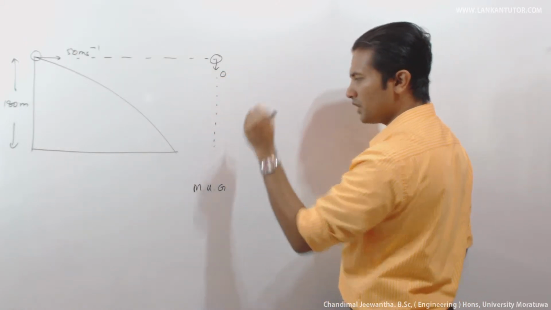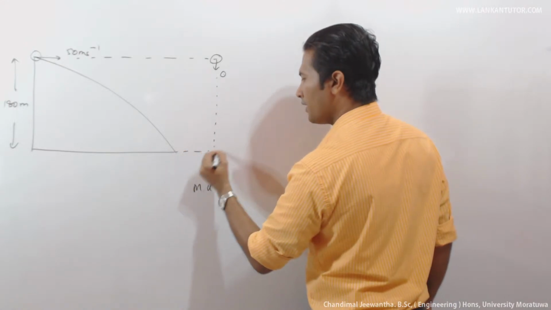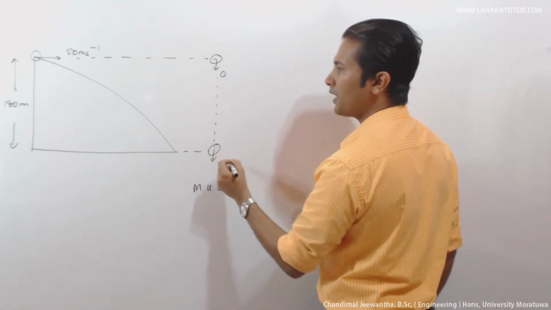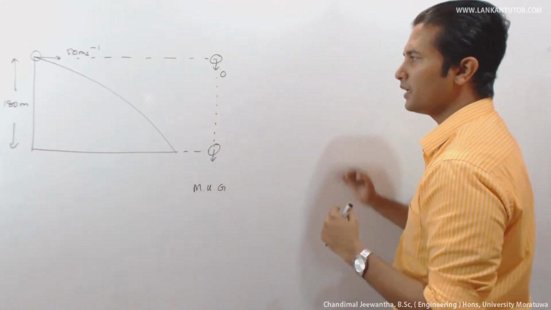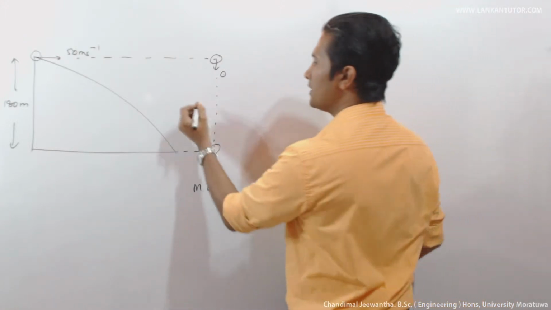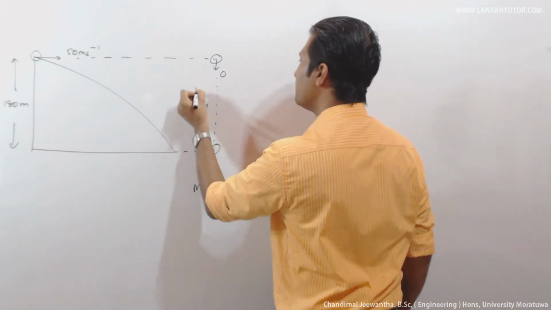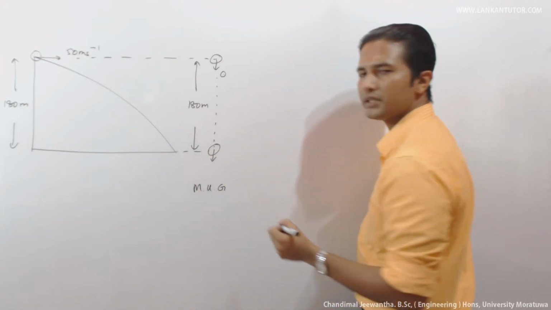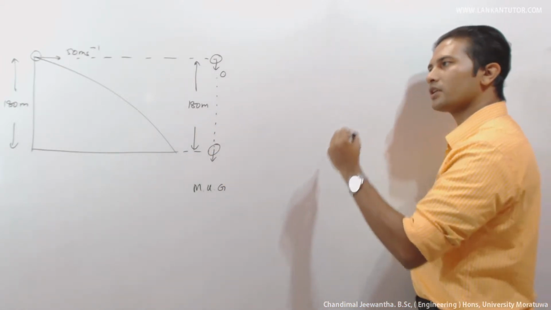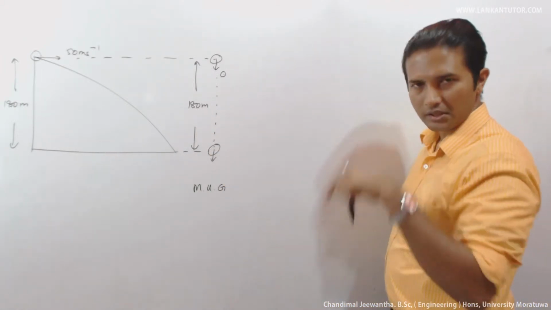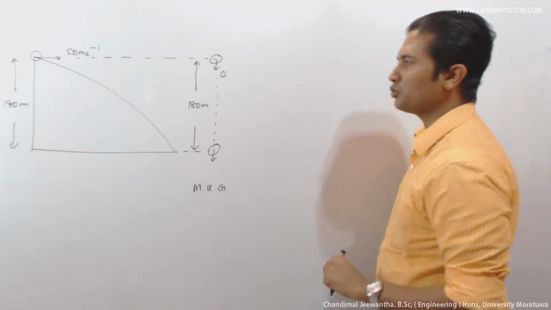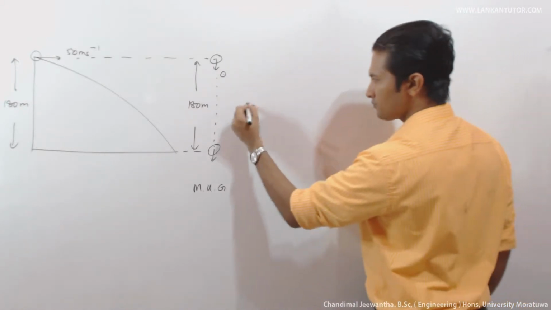Then it moves downwards and finally you can consider the displacement as 180 meters. The main important thing is the downward direction should be taken as positive.